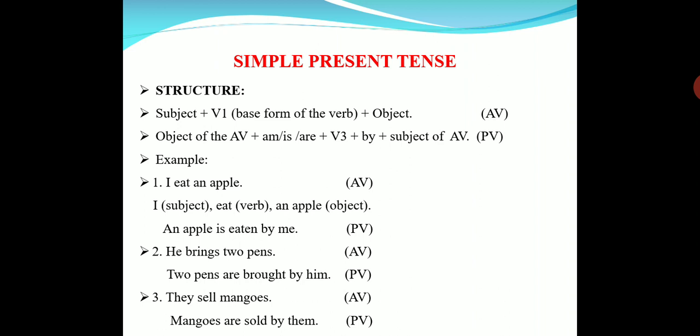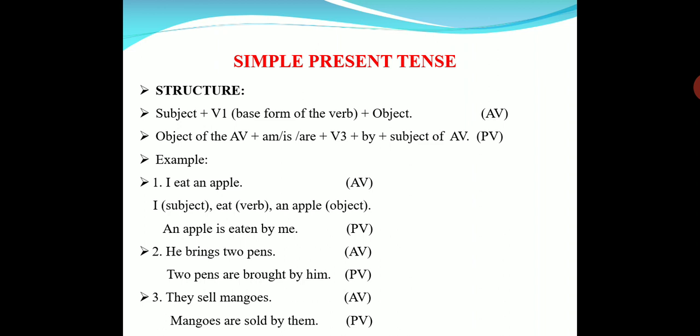Now in the passive voice, as per the rules, we have to divide the sentence into subject plus main verb plus object. Afterwards, what we have to do? The object becomes subject.